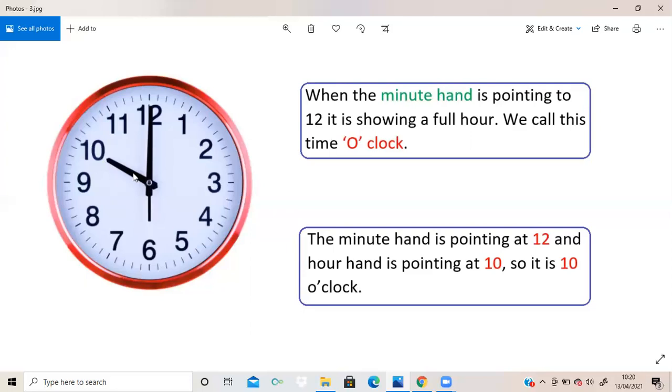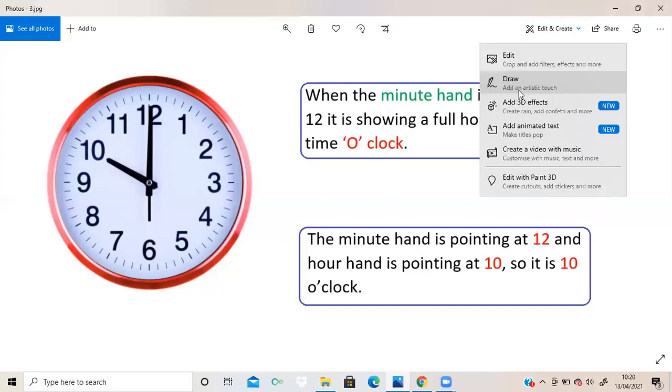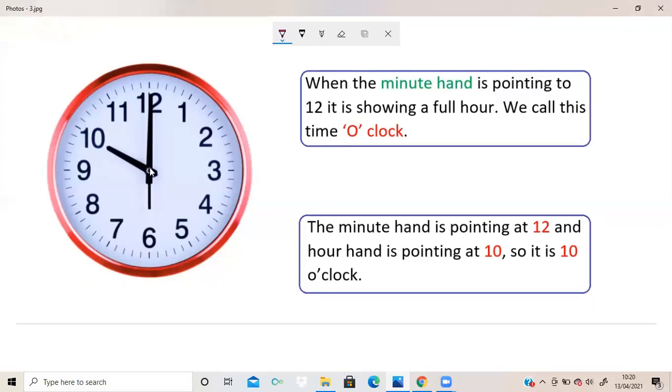So I'm going to recap this. If the minute hand is pointing at 12 and the hour hand is pointing at 10, that means it's 10 o'clock. It's the same for other times. If the minute hand is pointing at 12, and for example the hour hand is, let me get my pen, pointing at 2, like this, that means it's 2 o'clock.